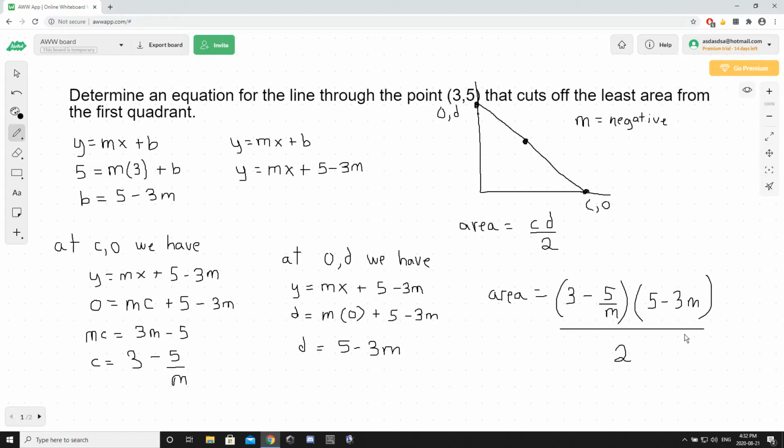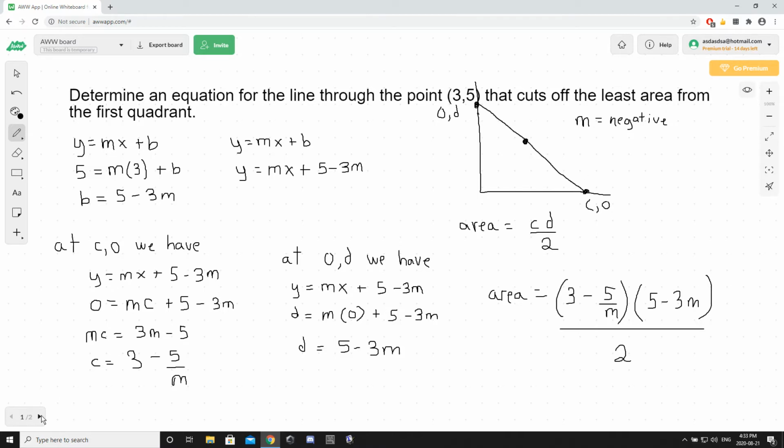Is that a local minimum or a local maximum? This particular value of m is yielding either a minimum or a maximum. In this case, obviously, it's going to be a minimum, which is what I want, because we want the area to be a minimum.